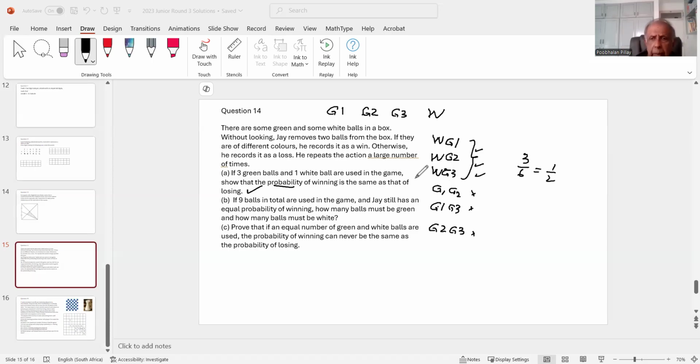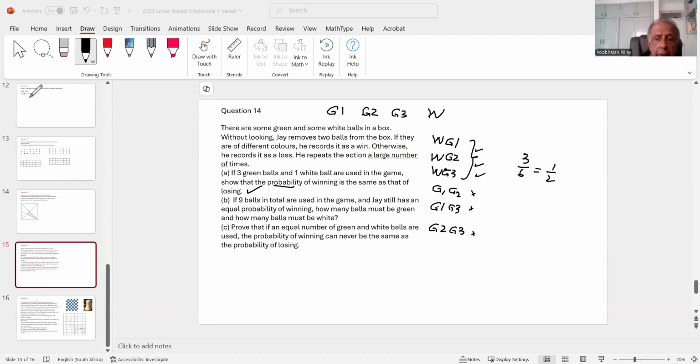The second one, if 9 balls are used in the game, show that the probability of winning is the same as that of, oh no. J still has an equal probability of winning. Right.